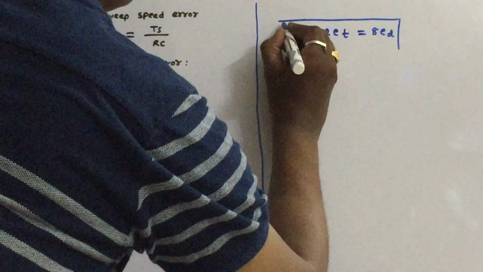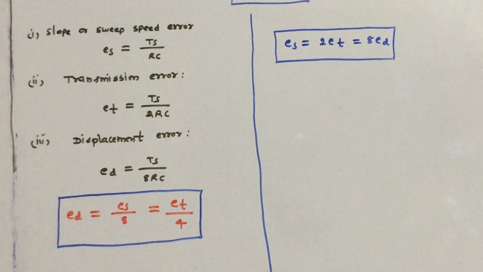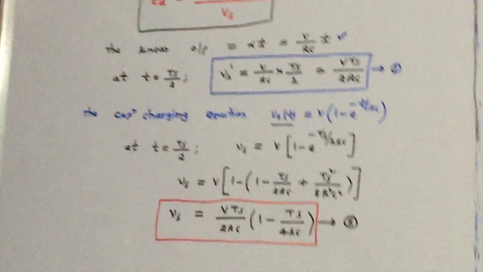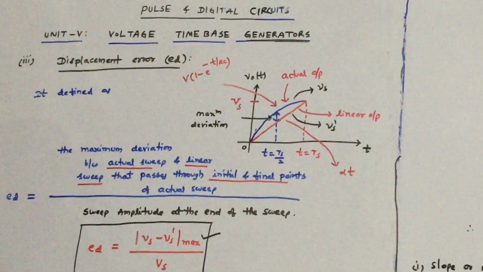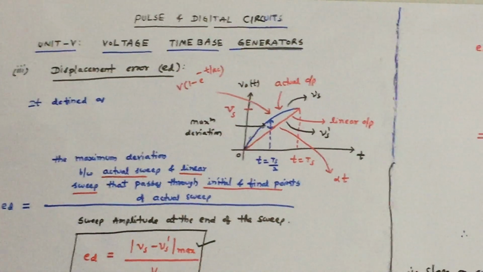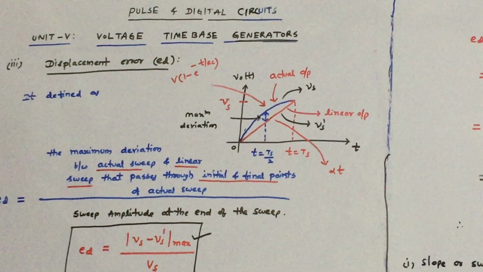This is another relation which we have to derive in the examination. So this is about these three very important errors: slope or sweep speed error, transmission error, and displacement error, and the relation between them. A very important examination question. Thank you.